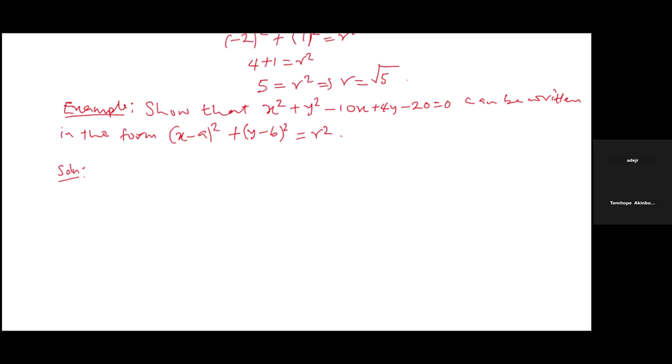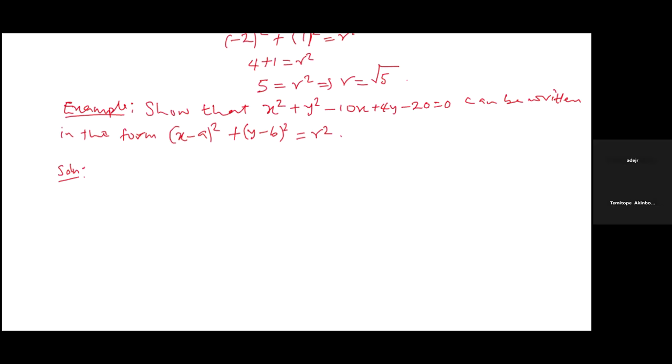So what we'll do is we'll put each one into a bracket. So you have x squared minus 10x in one bracket, then y squared plus 4y in one bracket, and you've got the minus 20 outside.